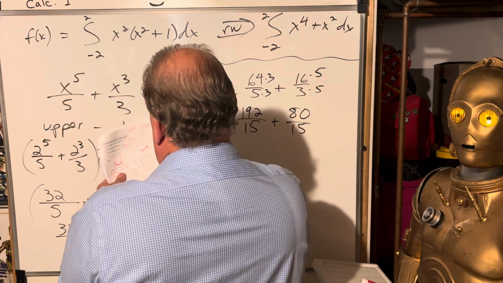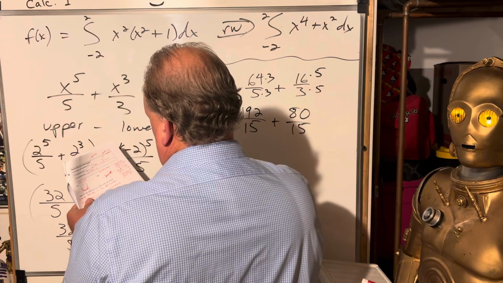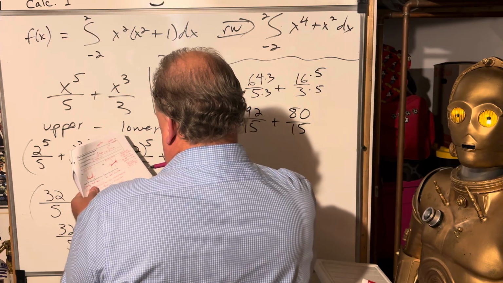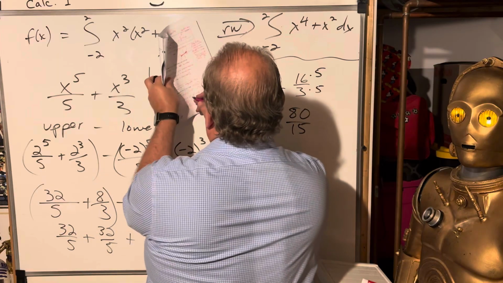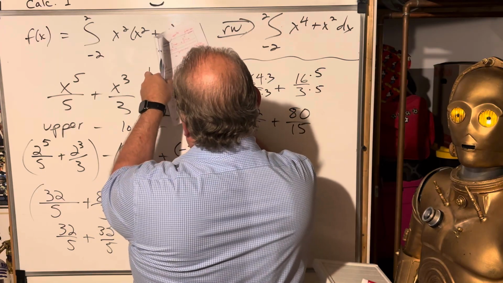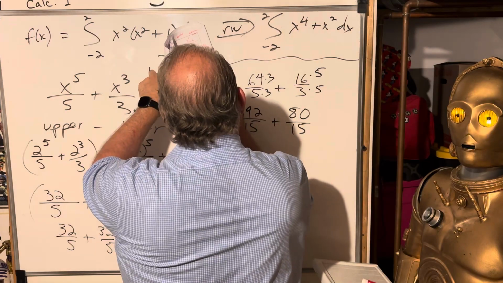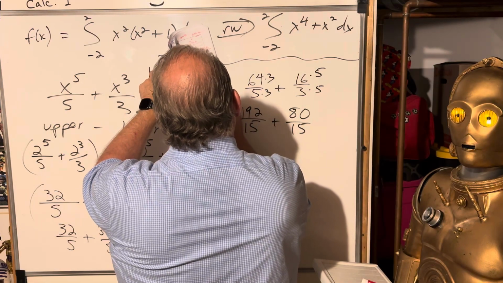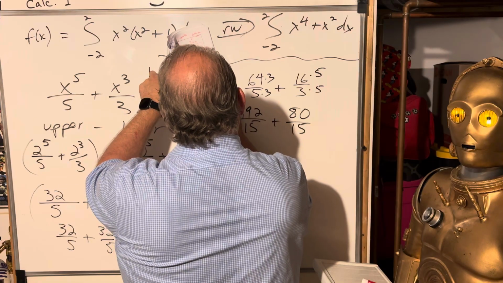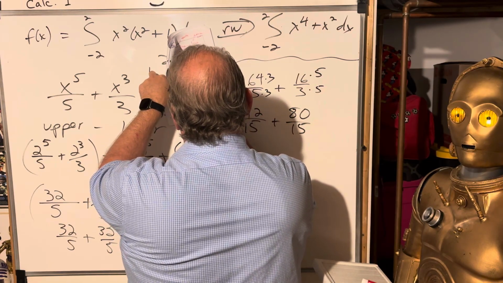2 to the 4th. Oh, that should have been 2 squared. Dang it. And 4. That is a 12. And then that is a 17.